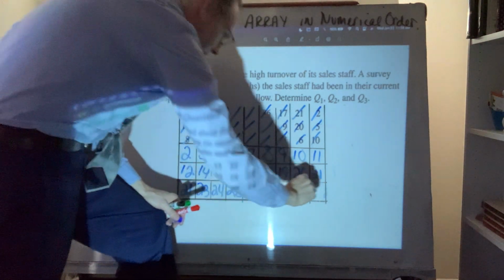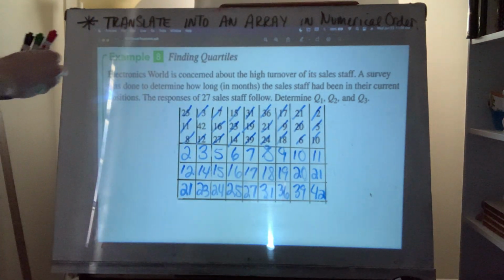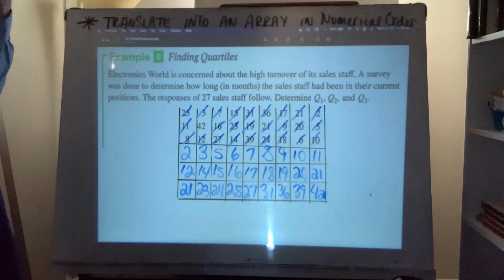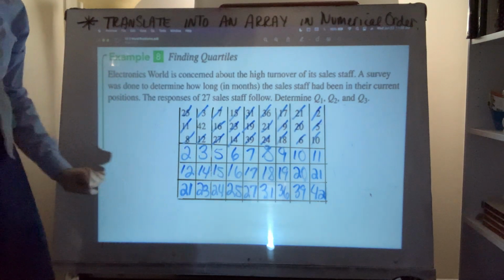And 42 months. Okay. It's as tedious as it is. It's not really difficult. It's just time consuming, it's tedious. But it's imperative that you do organize this appropriately.